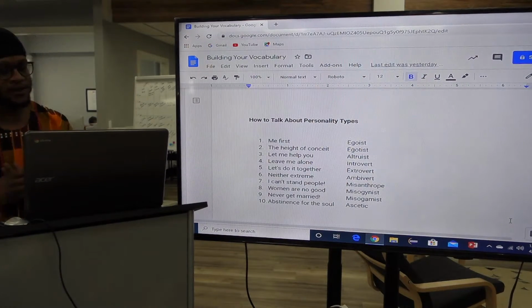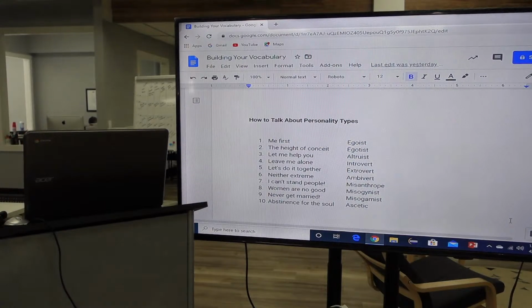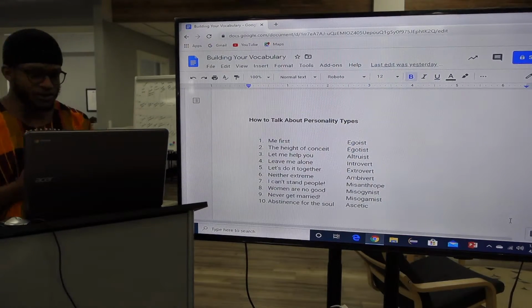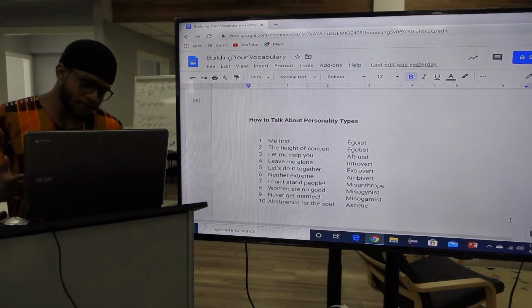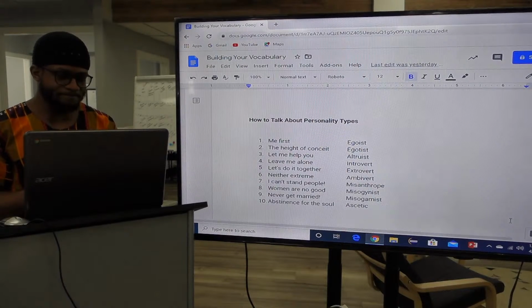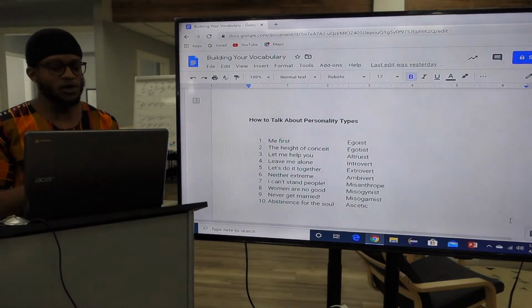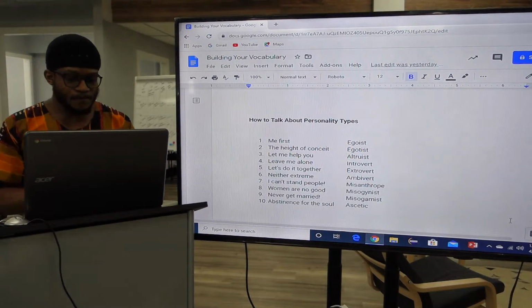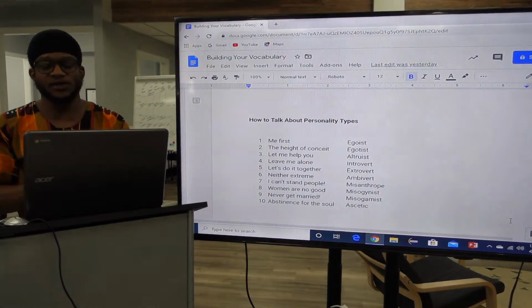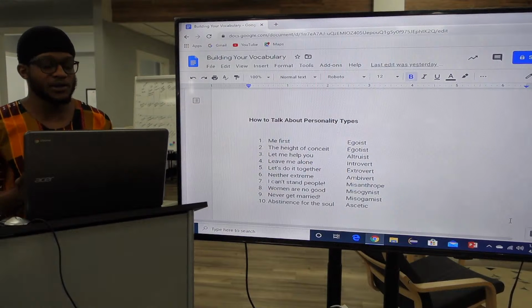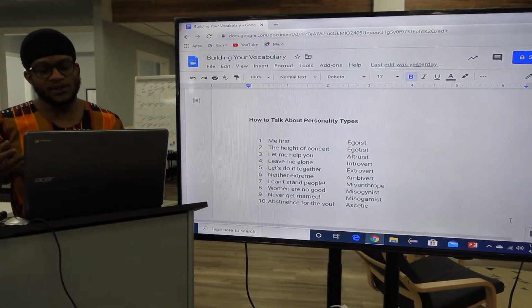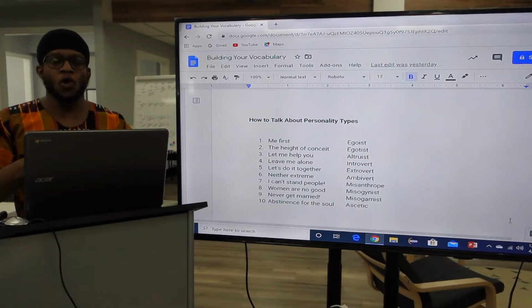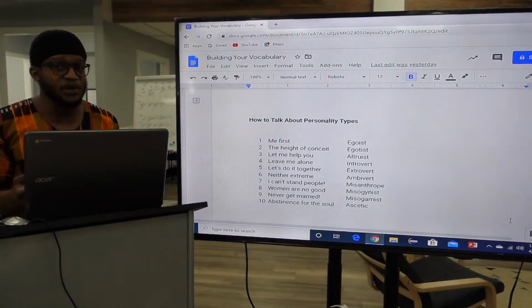And lastly, the last type is a person who practices abstinence for the soul. This type of person is usually involved in self-denial, austerity, and lonely contemplation. They see these characteristics as the good life. They don't see it as sorrow or "no one wants to be around me."